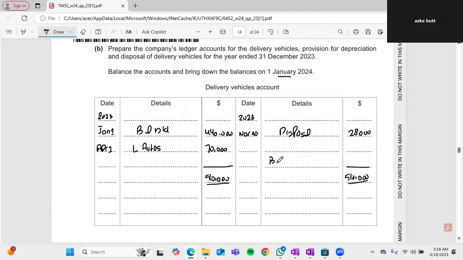So your closing balance will be 482,000. So this balance will shift here.